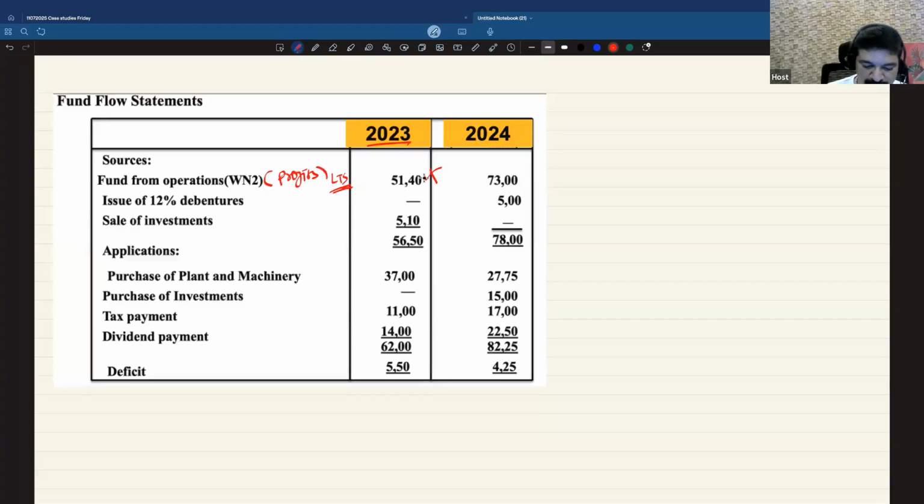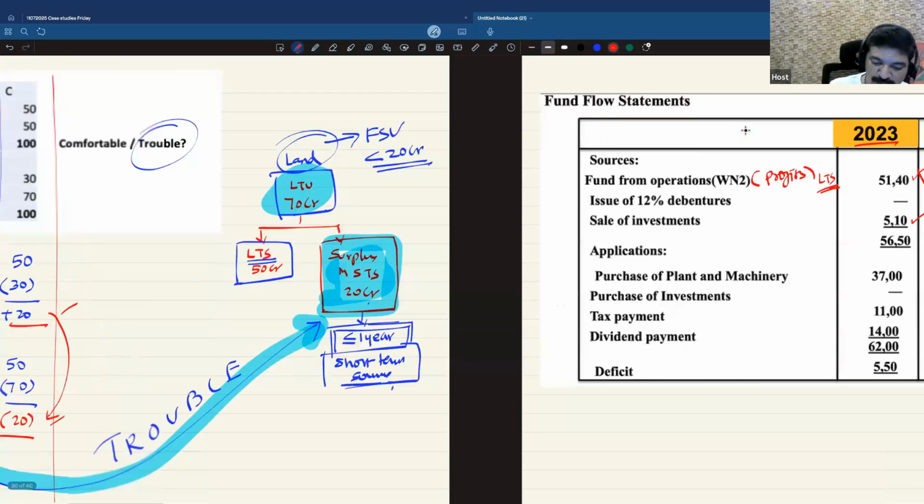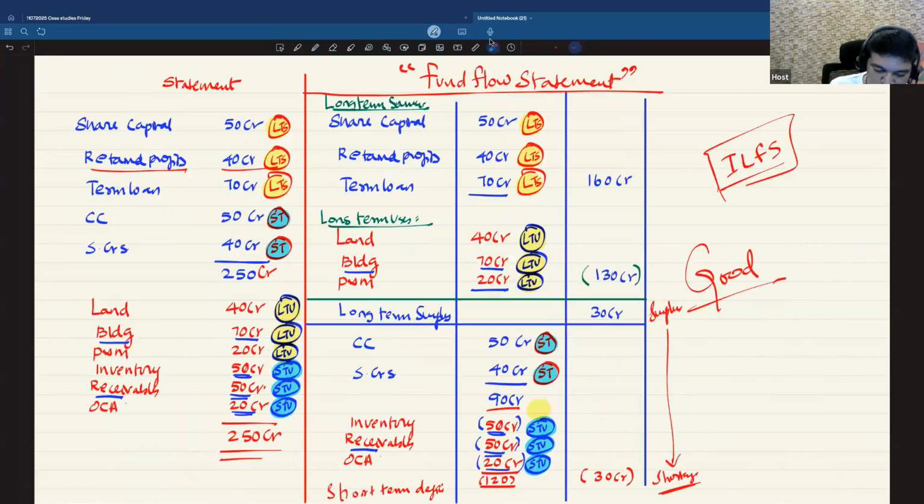And they have sold some investments also. If purchase of assets and investments is a long-term use, then sale of it should be considered a long-term source. Agreed or not?